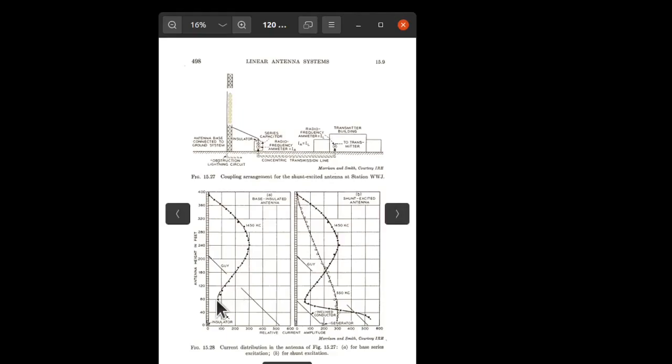You'll see that the currents roughly in this region here are fairly almost identical, certainly at these upper portions. No current at the tip, that goes without saying.